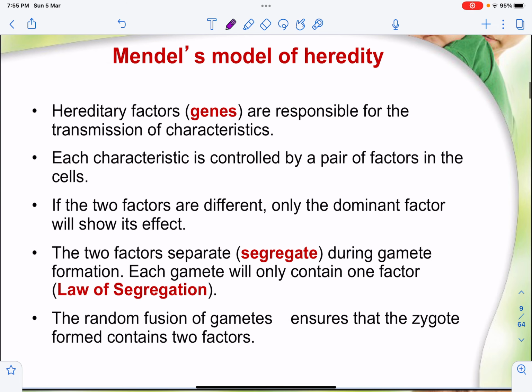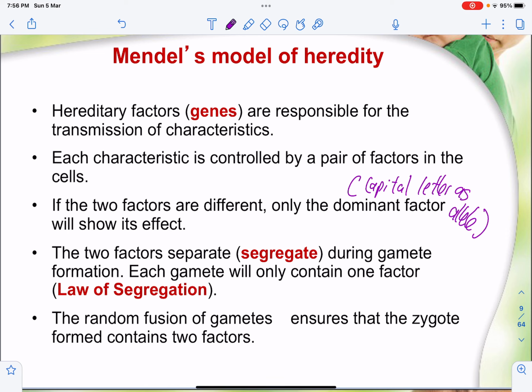So Mendel's model of heredity is where the hereditary factors are responsible for the transmission of characteristics and each of these characteristics is controlled by a pair of factors in the cell. If two factors are different, only the dominant factor will show its effect, meaning the one with the capital letter allele.